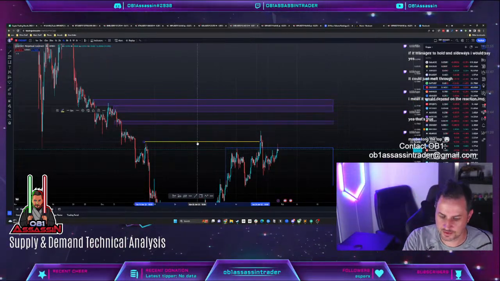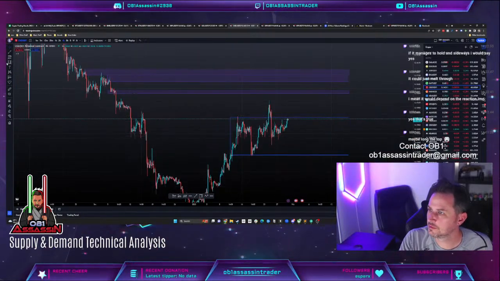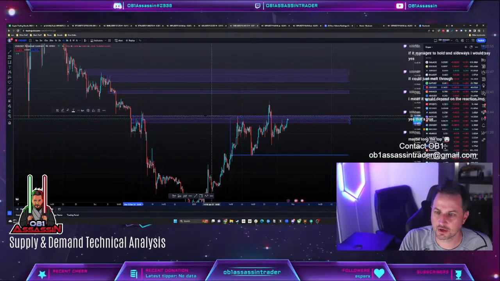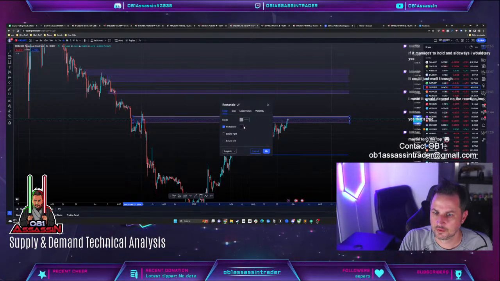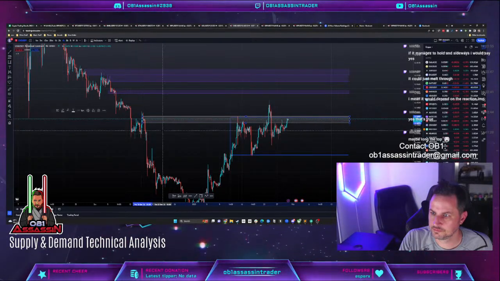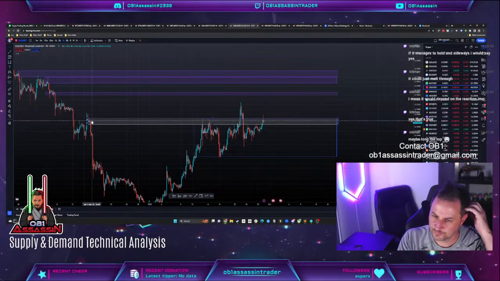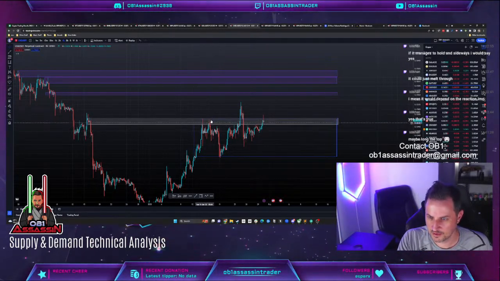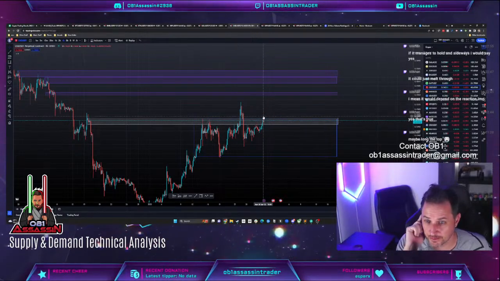Now, get rid of this. In terms of breaker blocks, that is a breaker block right there. It was the order block we had feeding these movements, and we've broken free of it now.